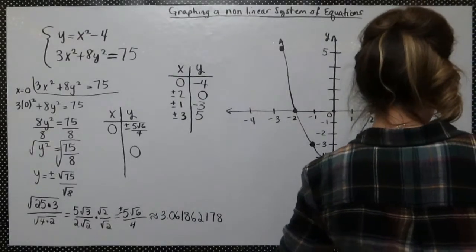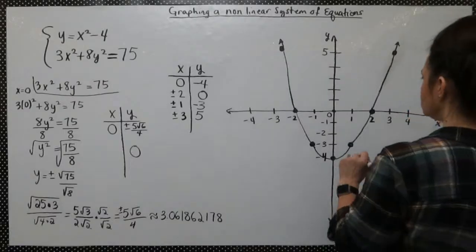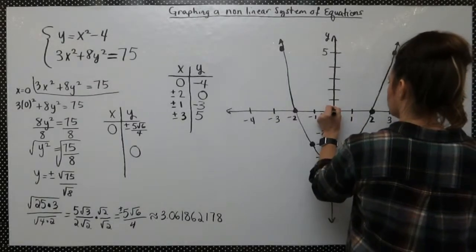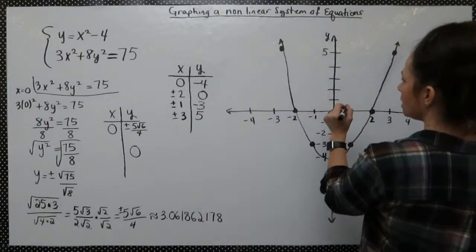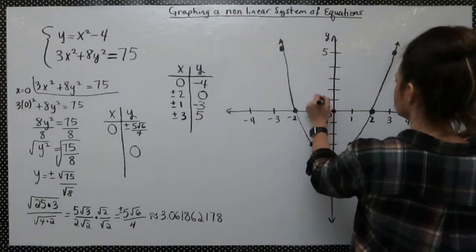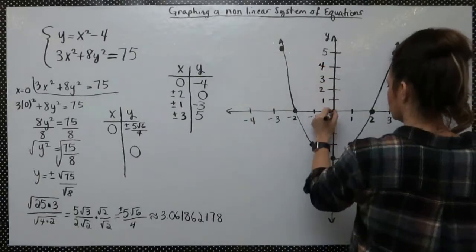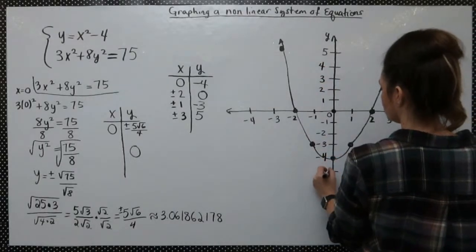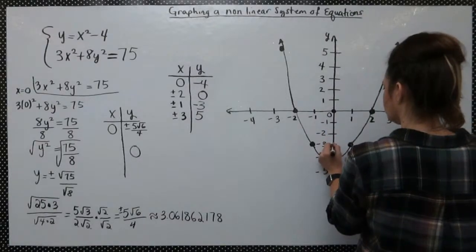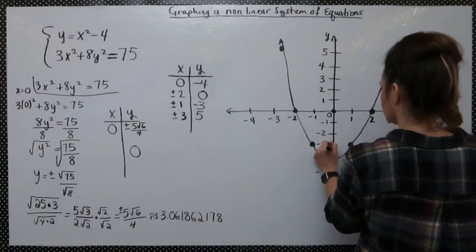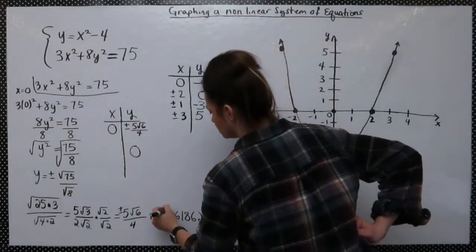So it looks like when x is 0 here, we've got y at approximately 3.06. It's going to be right in here, a little bit more than -3, because this is plus or minus here.